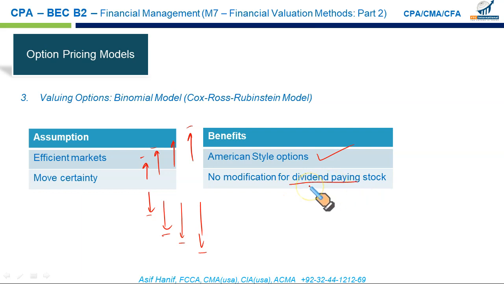Remember, the Black-Scholes model required modification, but the binomial model requires no modification to incorporate stocks that pay dividends, right? So there are certain benefits we have discussed. The assumptions that we have taken can be represented as limitations also, because not all markets are efficient.